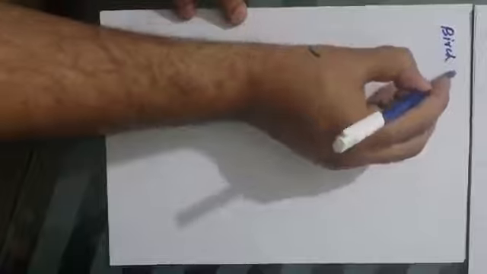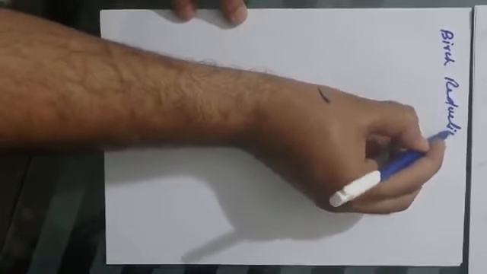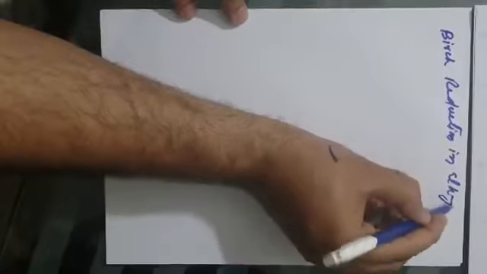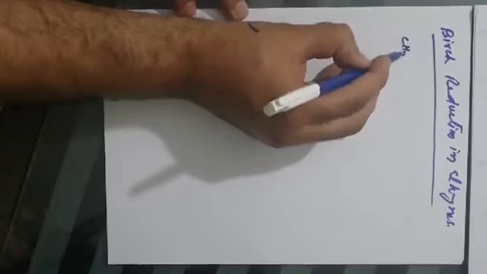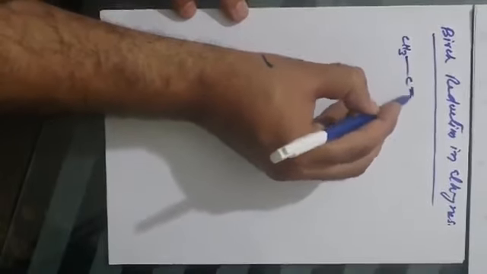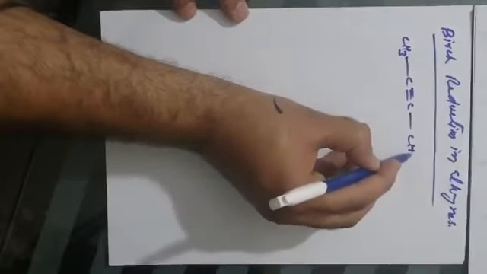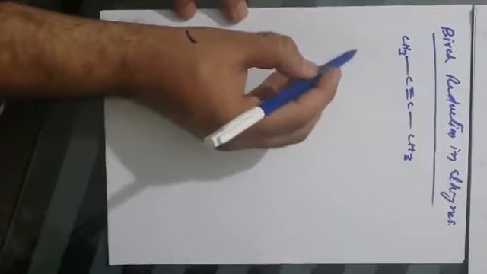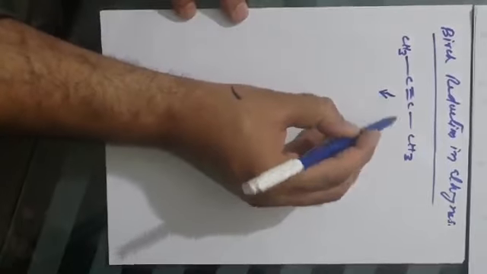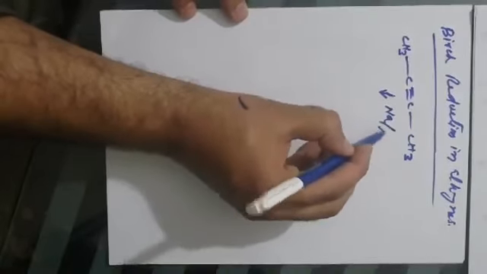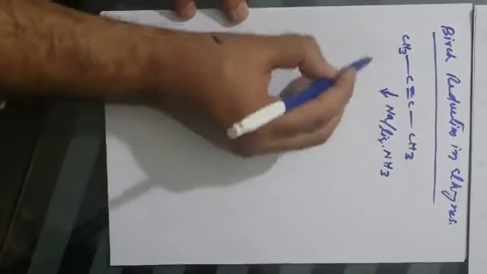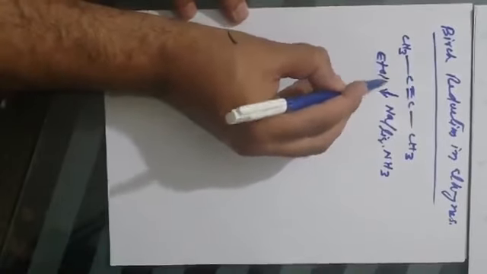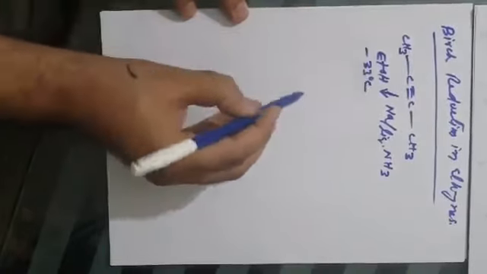Now study the Birch reduction in alkynes. Let's take a simple example of butyne. Butyne undergoes the Birch reduction with sodium and liquid ammonia and ethanol at extremely low temperature.